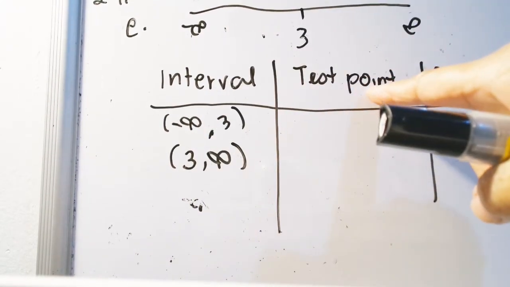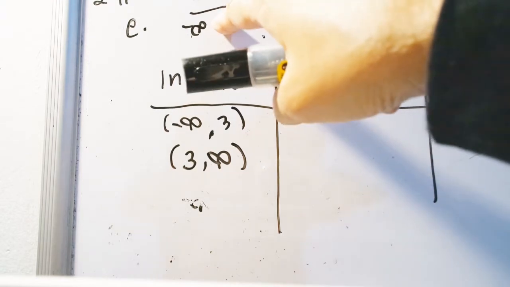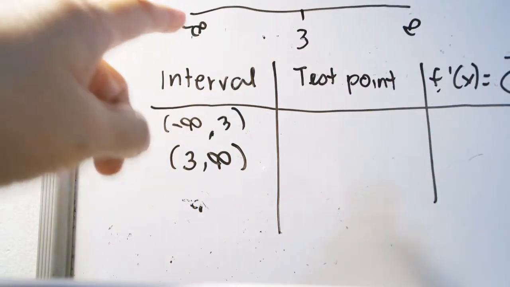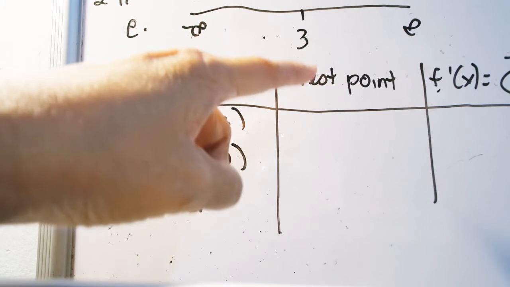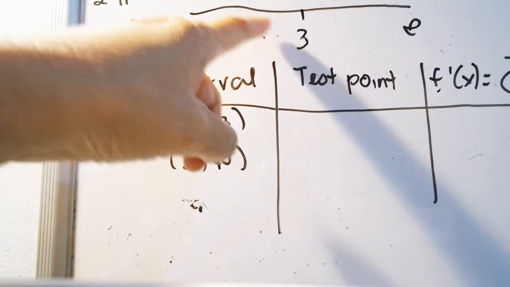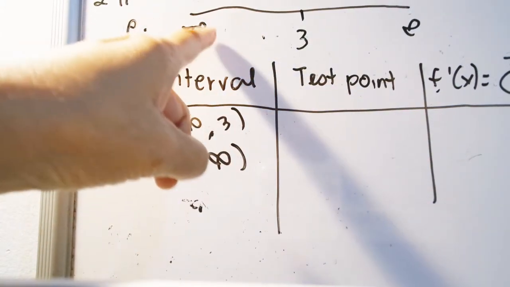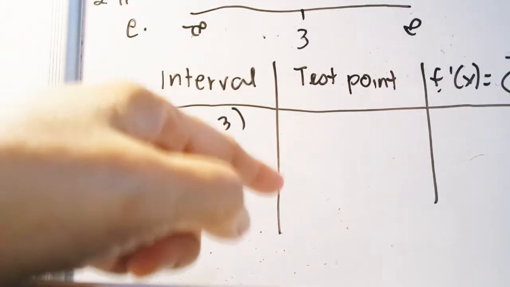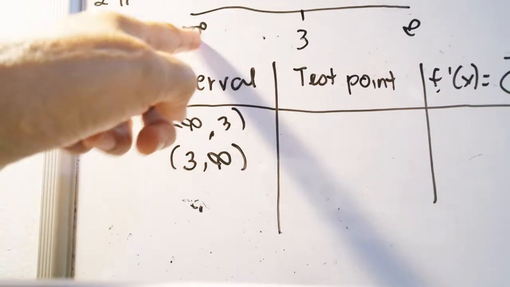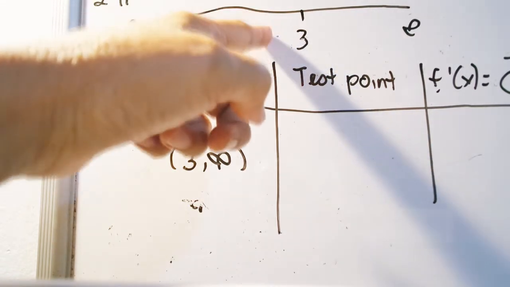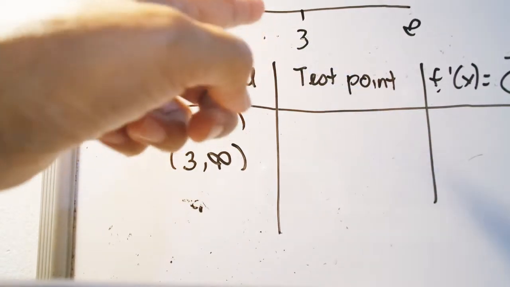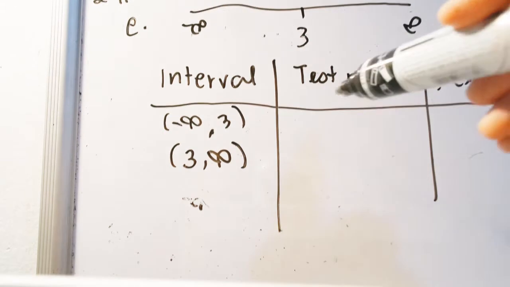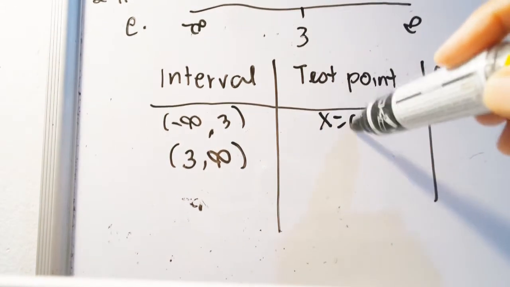A test point is a point that you pick from the interval minus infinity to 3. So you can take 2, you can take 1, you can take 0, or minus 4, minus 100. It is up to you. But I will take the easiest one. From minus infinity to 3, I know 0 is in the interval, and 0 makes my calculation easier. So I'm going to take x equals 0 as my test point.